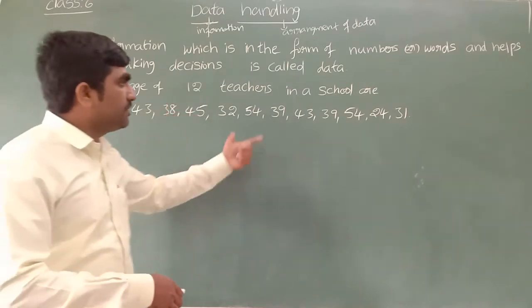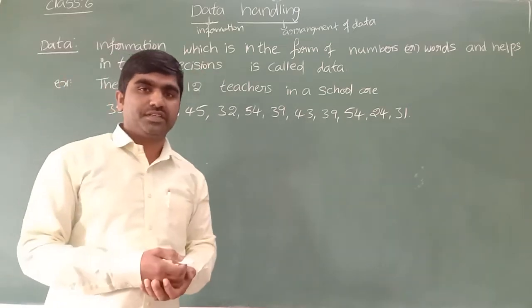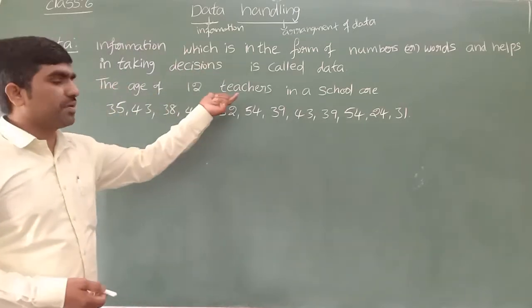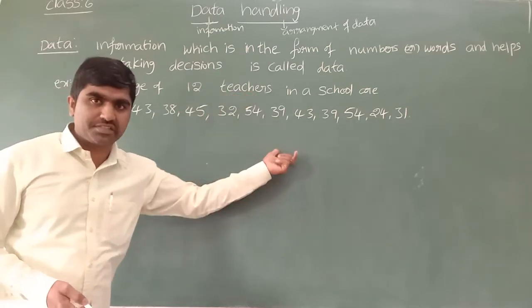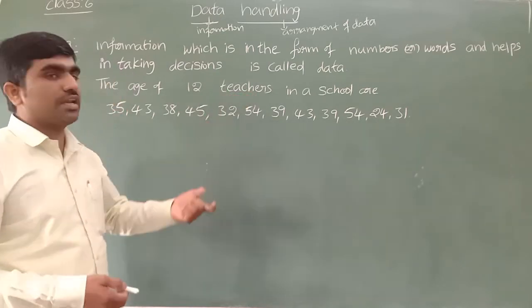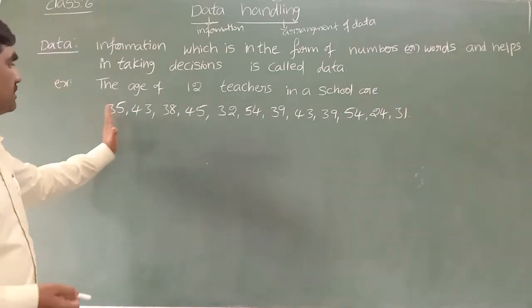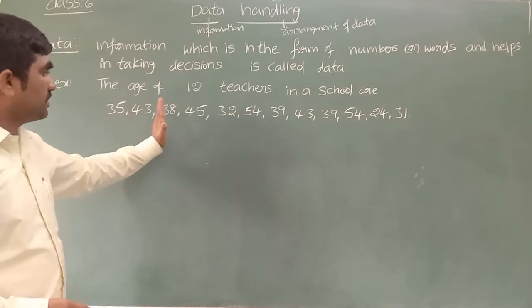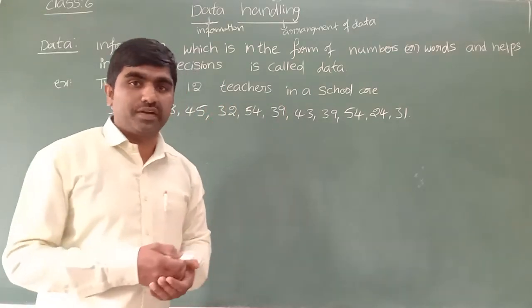With the help of this information, which type of decision will you take? Now see the age group here: 35, 43, 38, 45, 32, 54. These are the ages of 12 teachers.